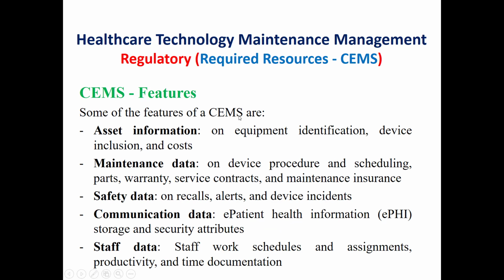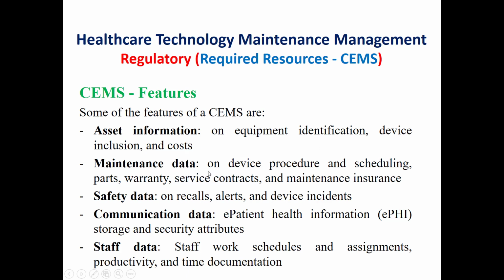So what are the features of such a system, the computerized equipment management system? Some of the features of CEMS are asset information, maintenance data, safety data, communication data, and staff data. The asset information will be on equipment identification, device inclusion and cost.